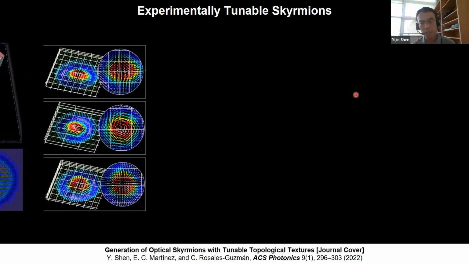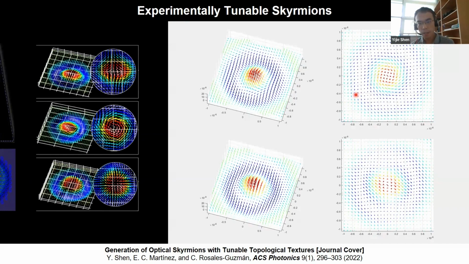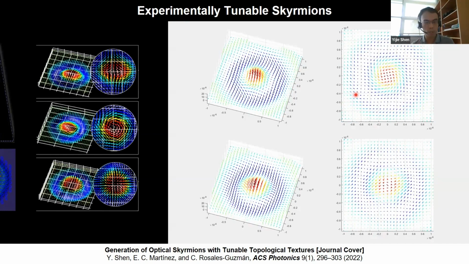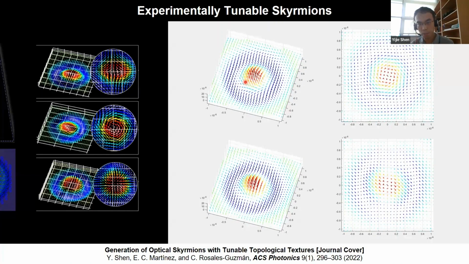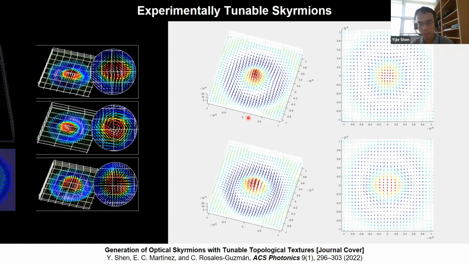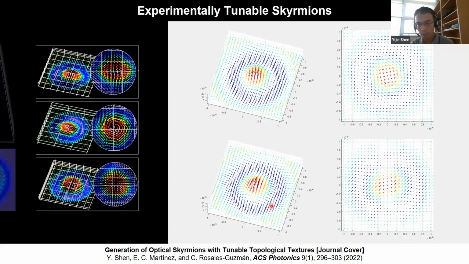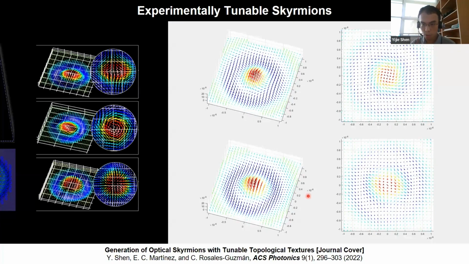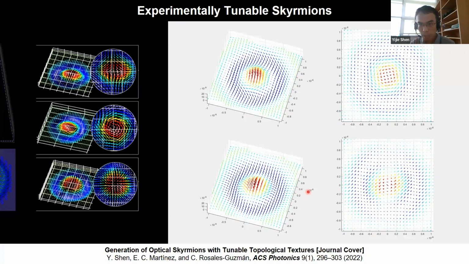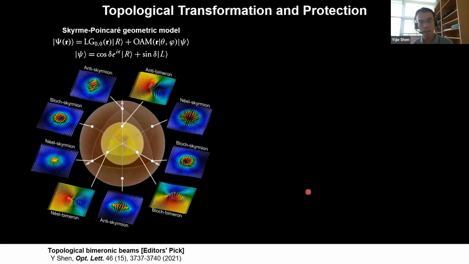That means we can freely control the transformation between the topological states, from the hedgehog-like to Bloch-like, vortex-like, and even the hedgehog to the saddle texture, with changing topological numbers. Okay, after achieving this, I was thinking about a new model to guide us in the topological transformation of all the skyrmion states.